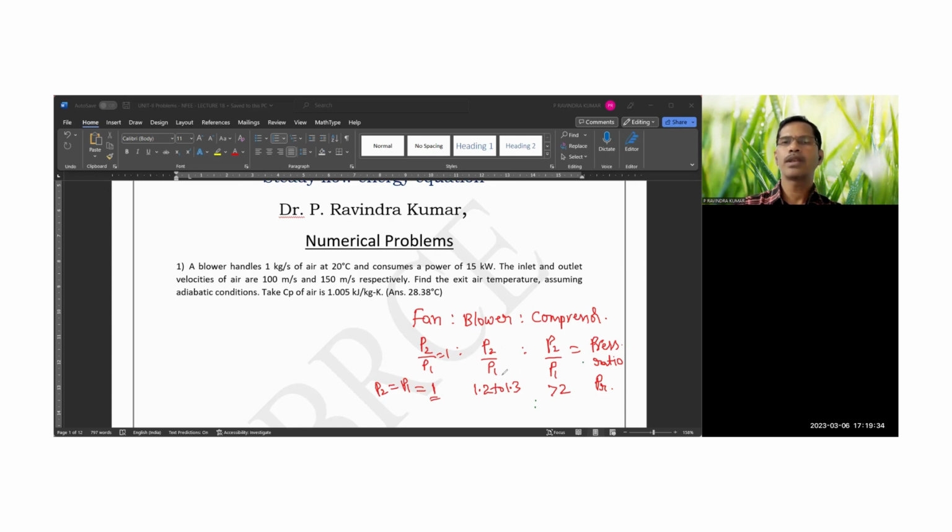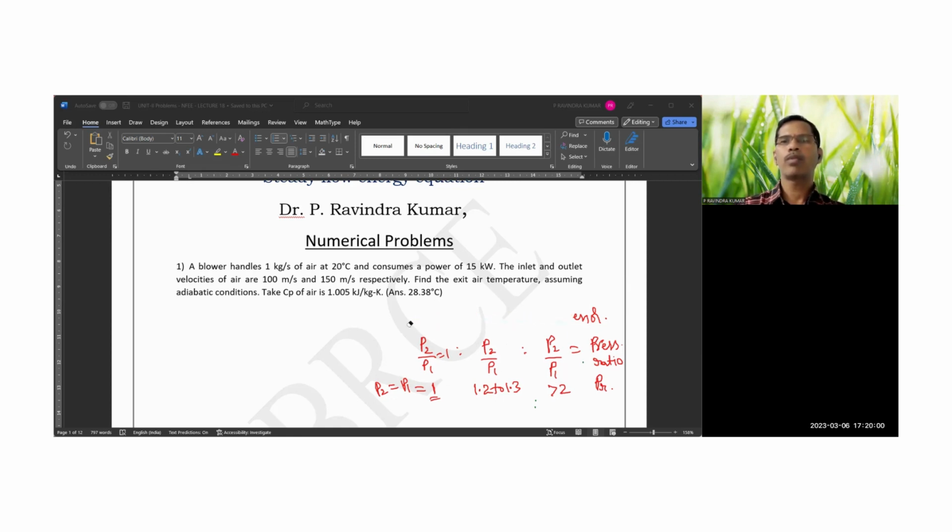That means the outlet pressure is 1.2 to 1.3 times the inlet pressure. And for the compressor, the outlet pressure divided by inlet pressure is 2 times the inlet pressure. These are certain things that the student has to observe.